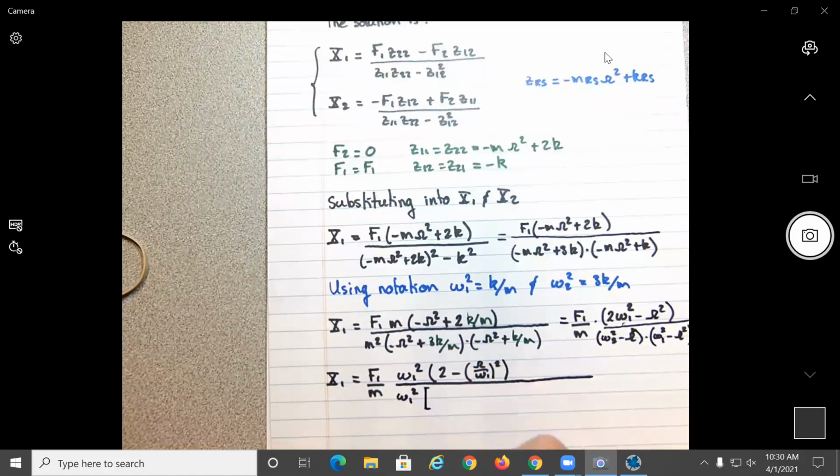Let me do brackets here, might be a little bit cleaner. So this will be omega 2 square. So you're going to get omega 2 over omega 1 square. This is this term, no? Factoring out. Minus this one, that would be minus capital omega over omega 1 square.